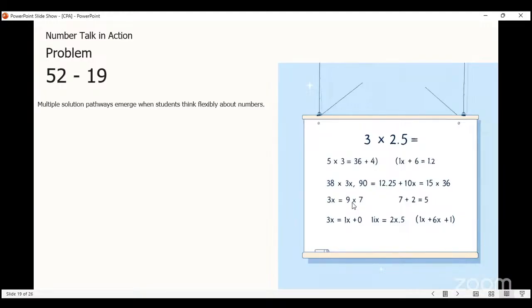I am expecting responses, please. 52 minus 19. Can you suggest a pathway to solving it?